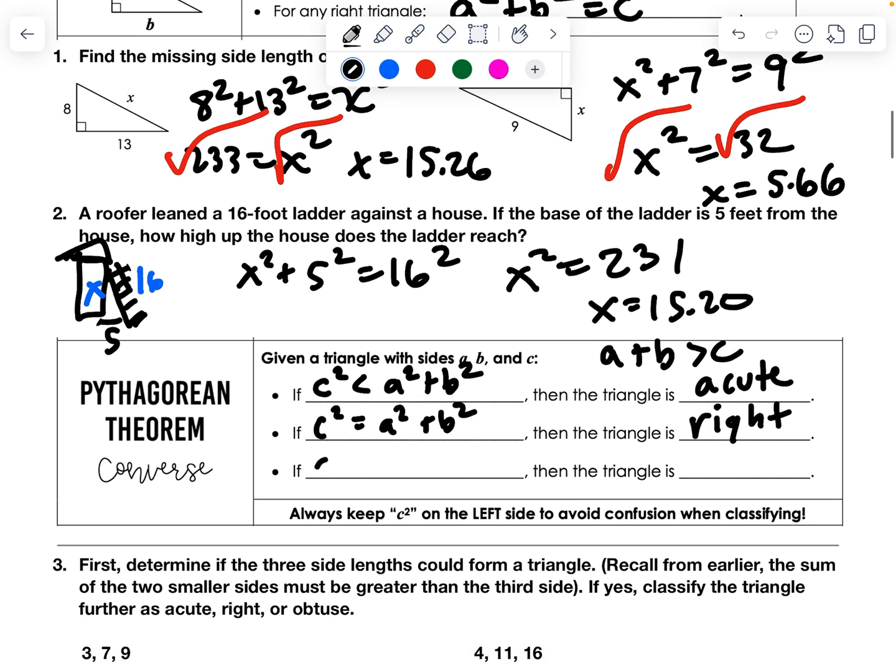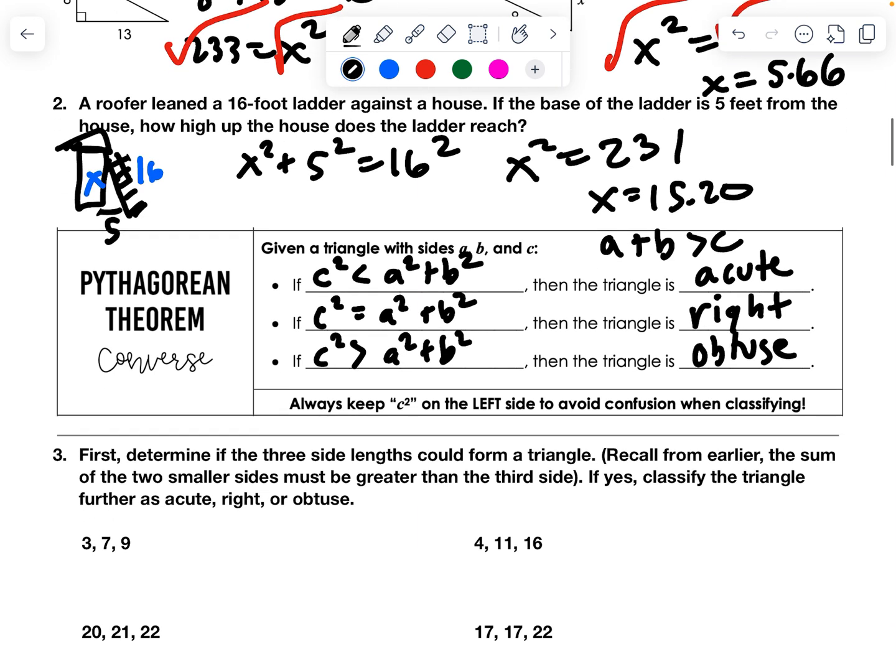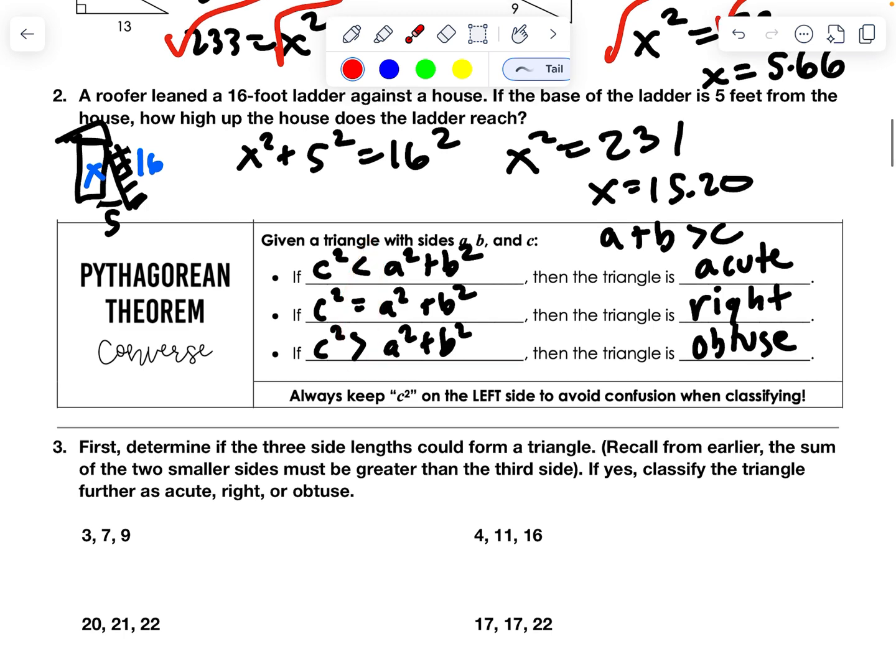And if C squared is greater than A squared plus B squared, we have an obtuse triangle. C is always defined here as the longest side. So the first thing we need to check is whether the smaller sides are bigger than the third side, and then we check the Pythagorean theorem comparison.